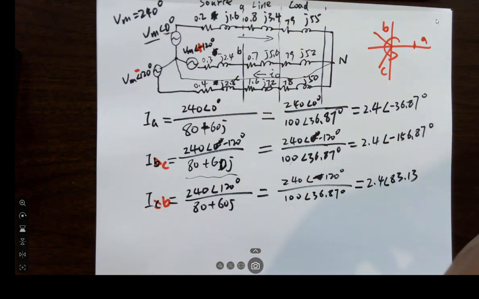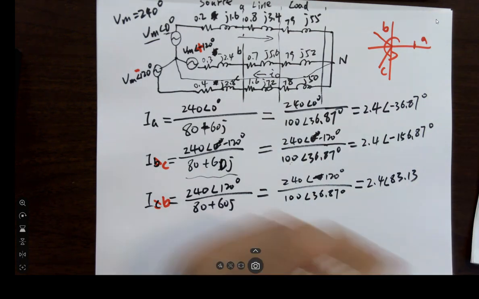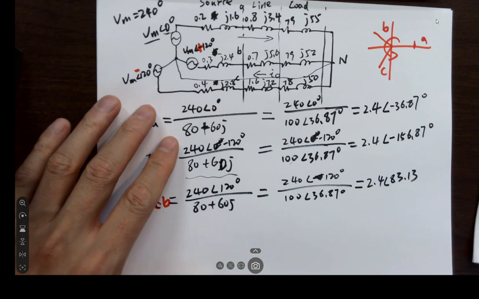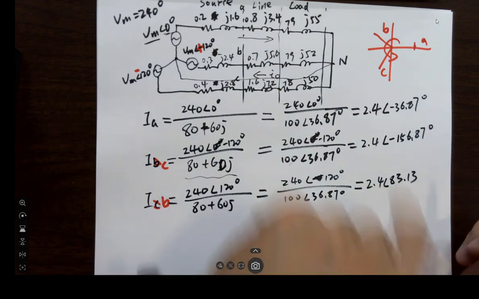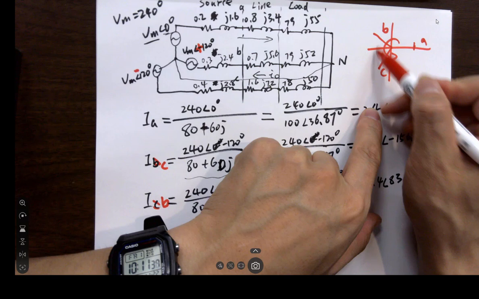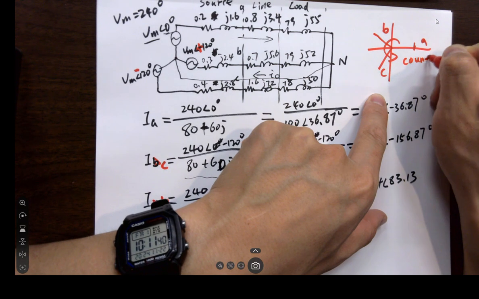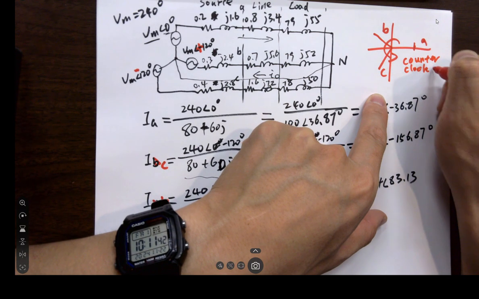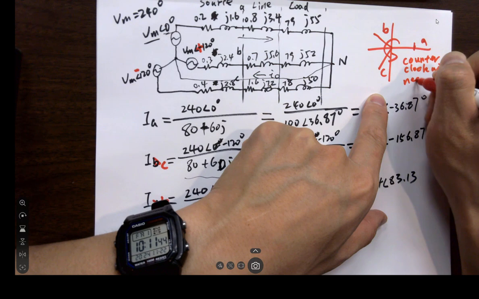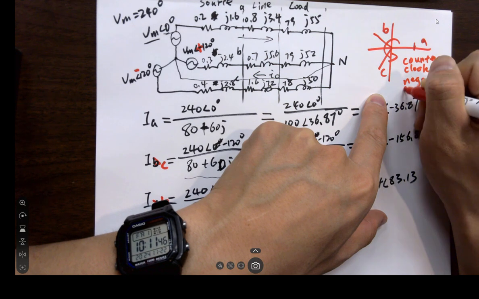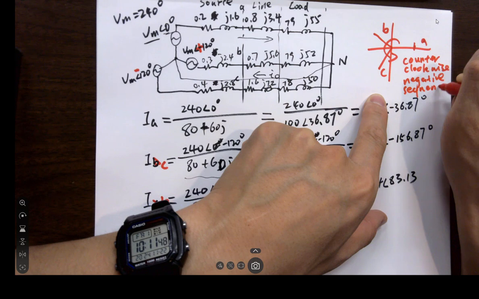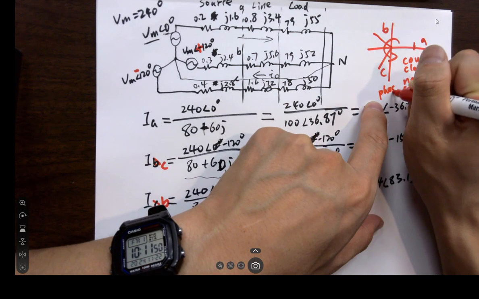It's negative sequence, right? Counterclockwise is a negative sequence. ABC, counterclockwise. It's a negative sequence or phase sequence.